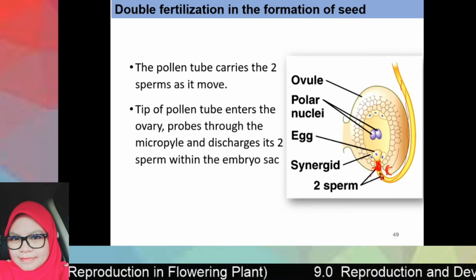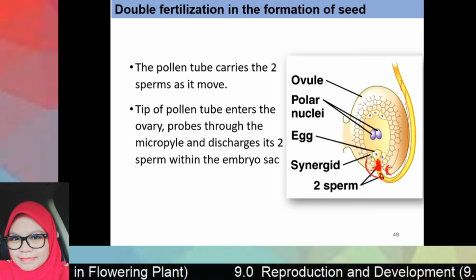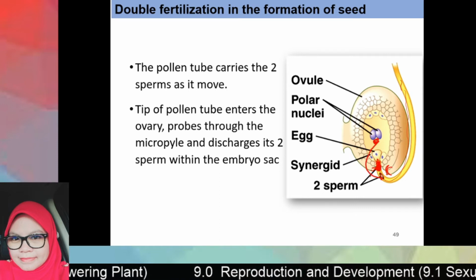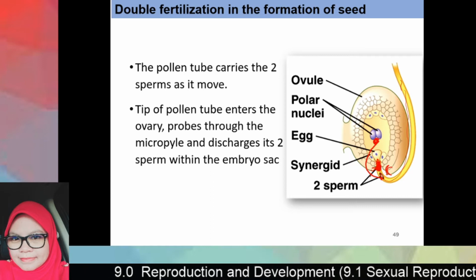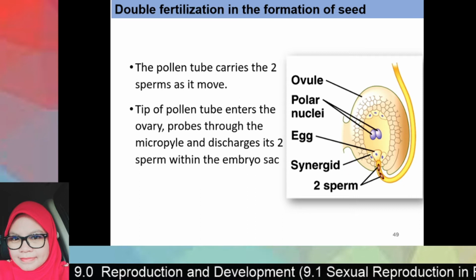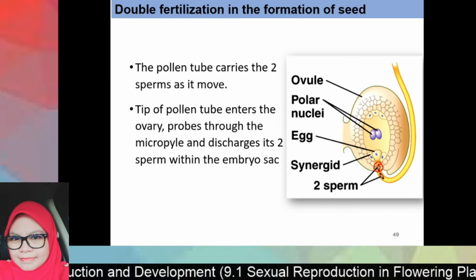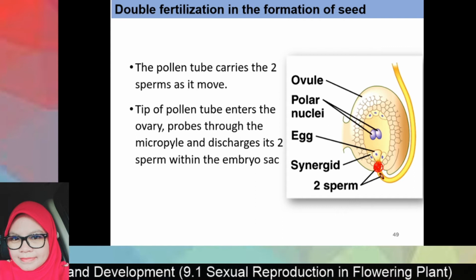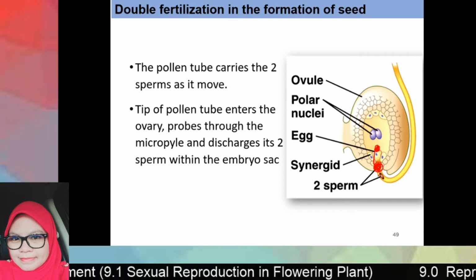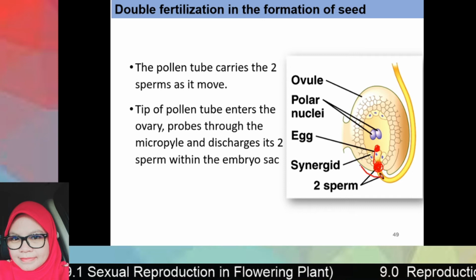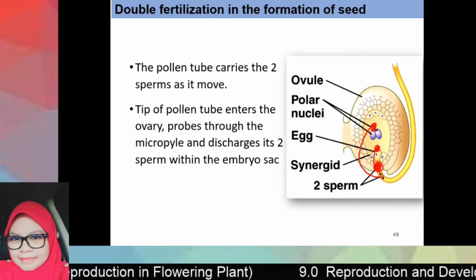One sperm will fertilize the egg, and the second sperm will fertilize the polar nuclei. Can you see that? Again, these are the two sperm. The first sperm will fertilize the egg cell, and the second sperm will fertilize the two polar nuclei.